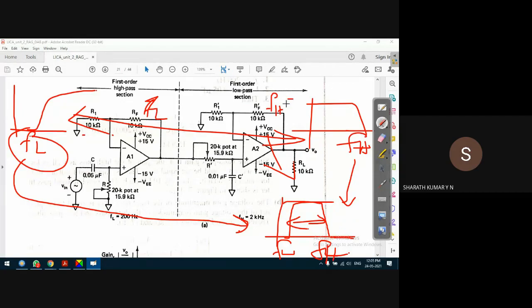FH in our case is 1 kilohertz. That is, the cutoff frequency of the low pass filter should be 1 kilohertz, and the cutoff frequency of the high pass filter should be 200 hertz.